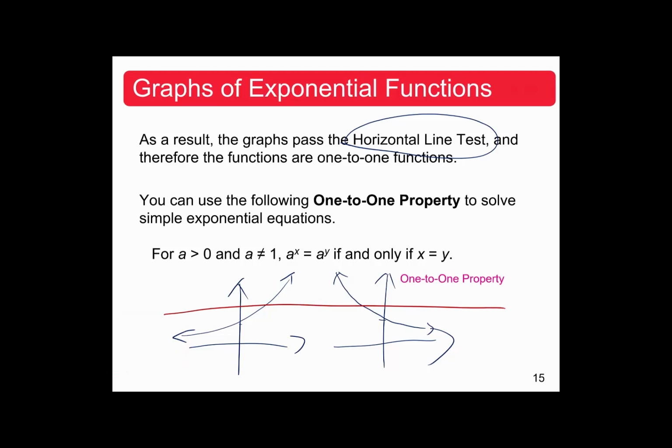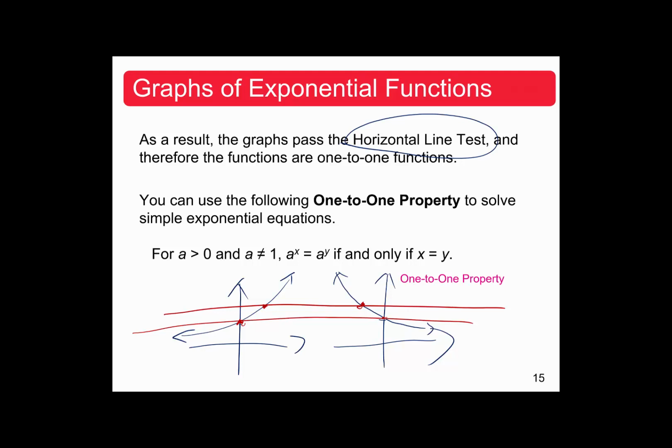You see right here, one intercept, right? On each graph. This is what we call a horizontal line. So if you pass this horizontal line test, it's a one-to-one function, right?